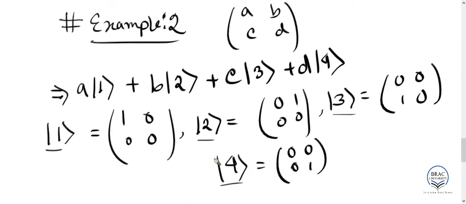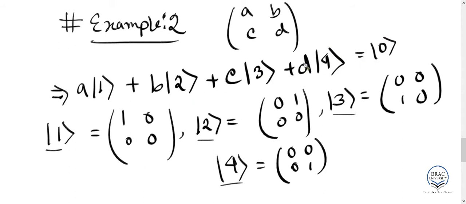It turns out that yes, they are linearly independent, because this combination would be a 0 vector if and only if all these A, B, C, D are 0.